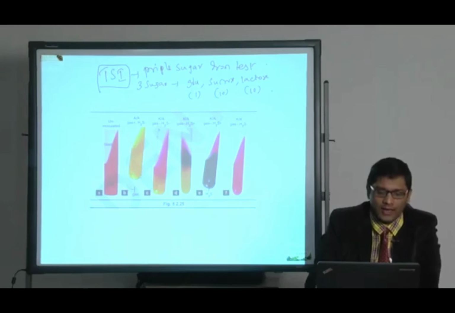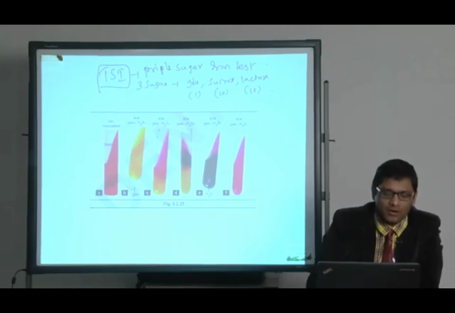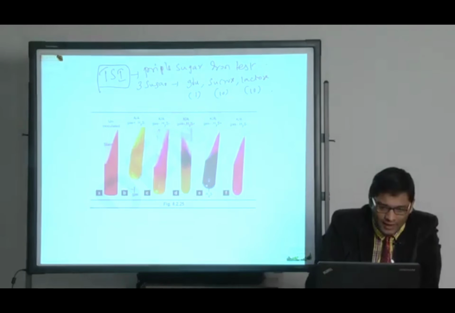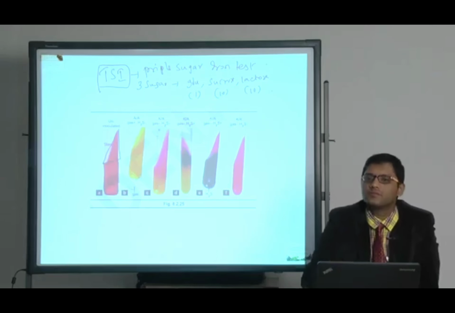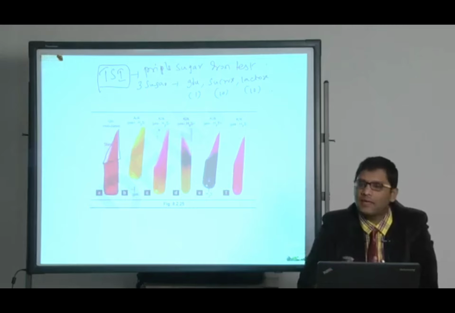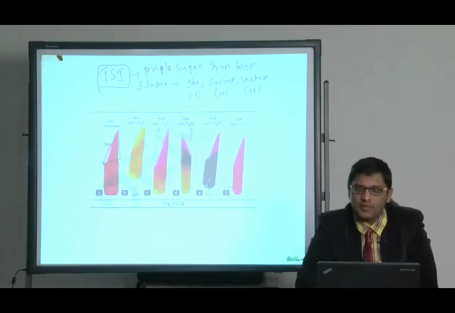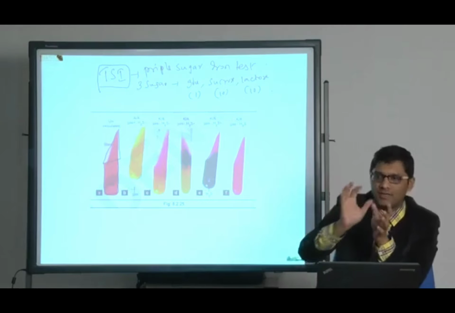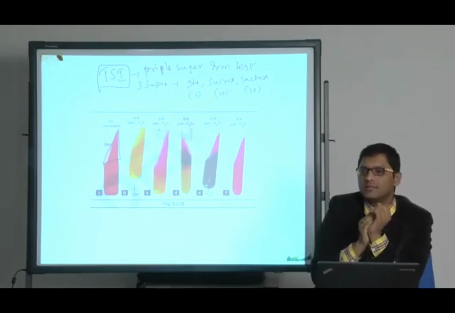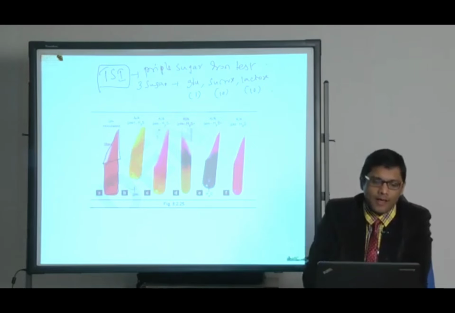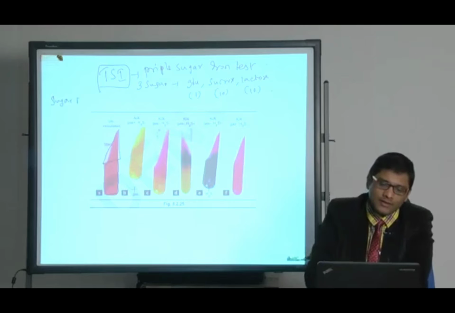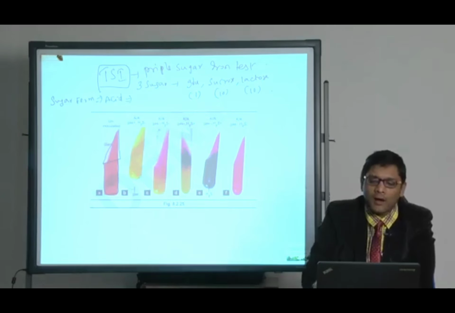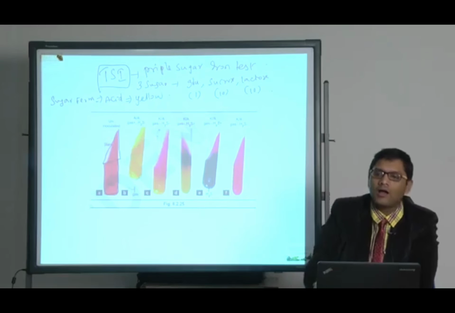The picture is an uninoculated medium. It has a slant, it has a butt. Both the slant and butt are pink in color. The principle of this test is, if the organism is growing in this medium, fermenting some sugars, then sugar fermentation leads to a production of acid, and acid production makes the color yellow.